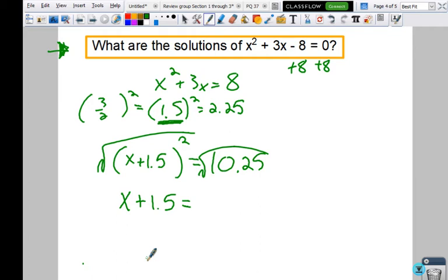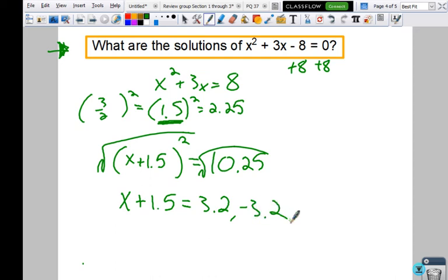And what else do we need to have there, Kinsey? Not just 3.2. Oh, negative 3.2. Negative 3.2. And Ruben, what's my last step?